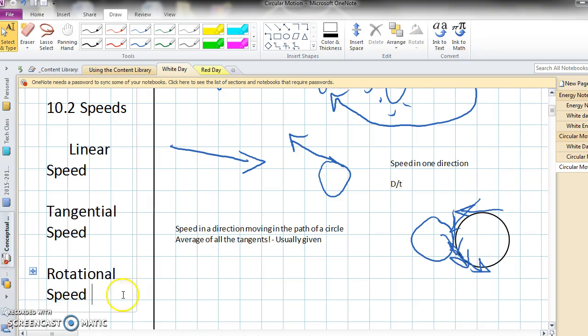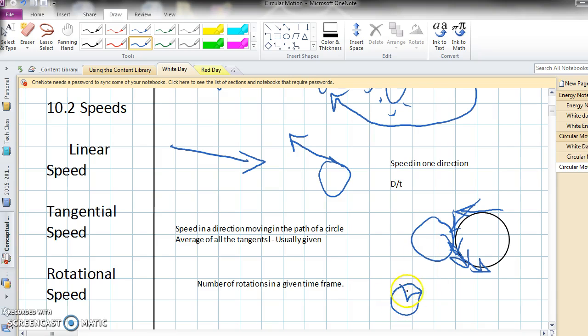Next we got into rotational. All rotational is, is dependent on your location in the circle. It is the number of rotations in a given time frame. If you don't make a whole rotation, you make part of a rotation, maybe like a 45-degree rotation.